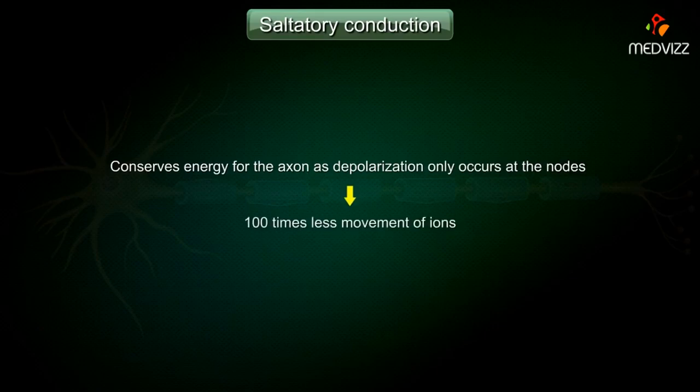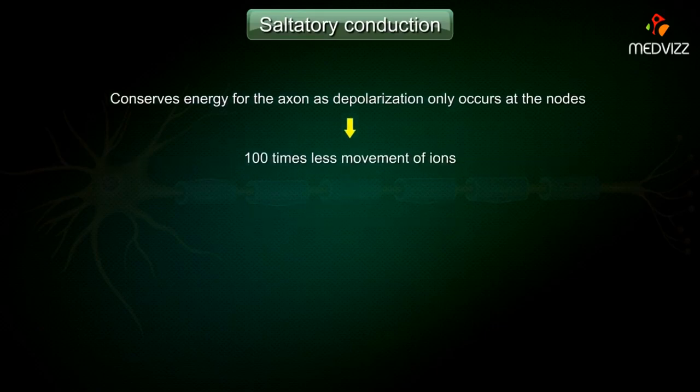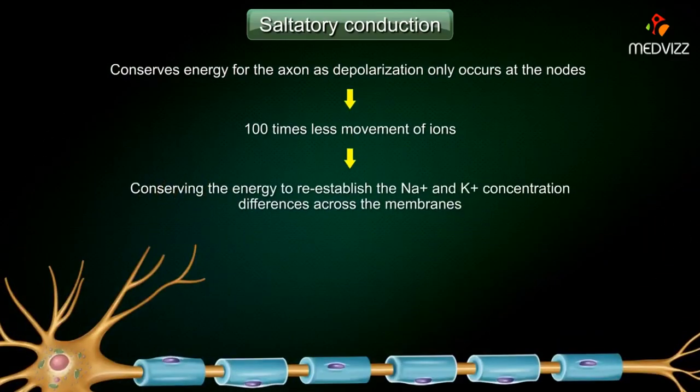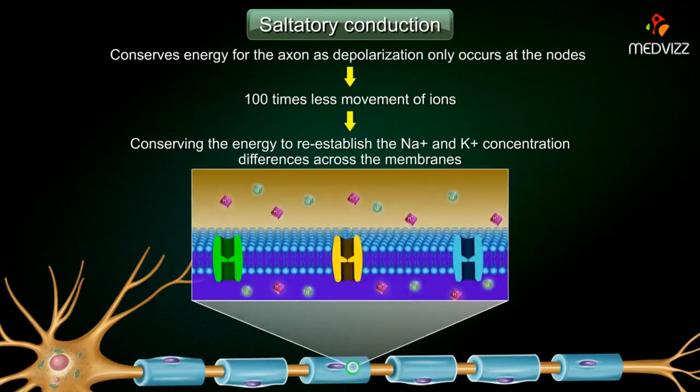This causes up to 100 times less movement of ions that would otherwise be necessary, therefore conserving the energy required to re-establish the sodium and potassium concentration differences across the membranes following a series of action potentials being propagated along the fiber.